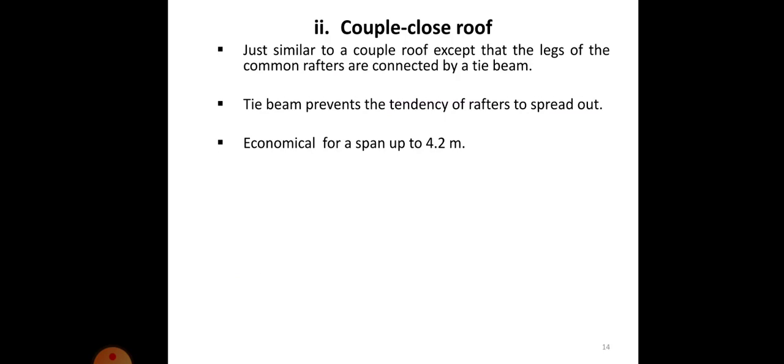Now the couple close roof. This is again similar to a couple roof, where the problem is that there is a tendency for the legs of the common rafters to spread apart. So this is a modified form of the couple roof, mainly used for a span up to 4.2 meters.